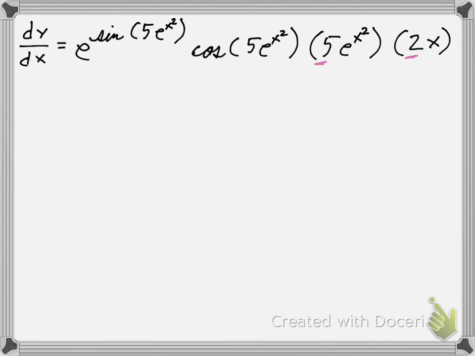Last step of any math problem is always to simplify any that you can. So I'll make that a 10, and I'm also going to multiply the e to the sine of 5e to the x squared times the e to the x squared.